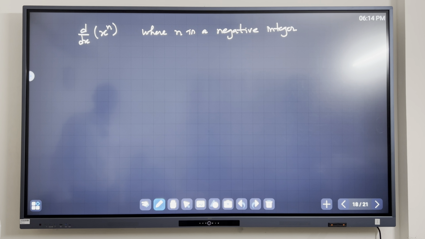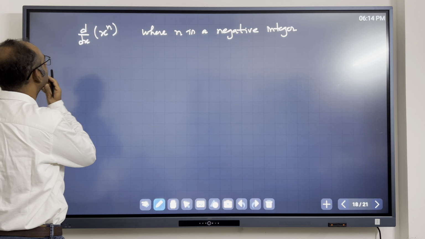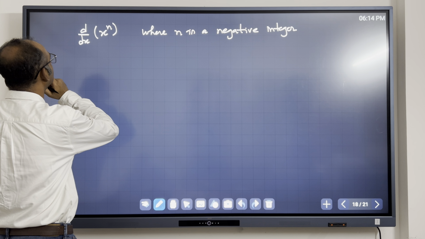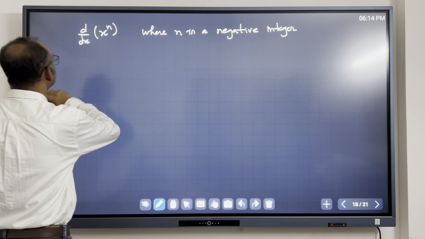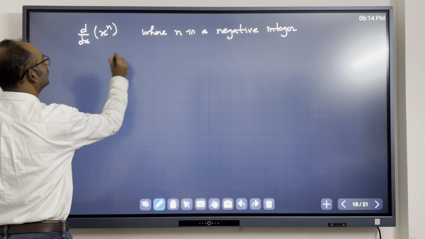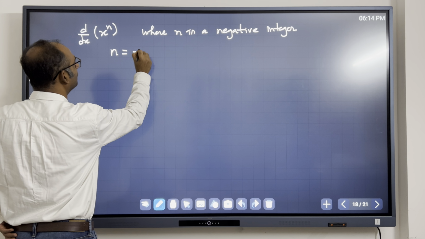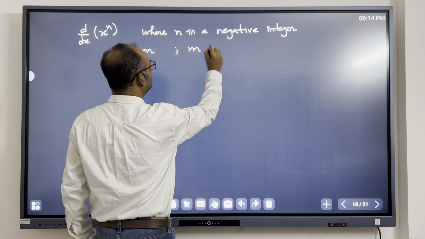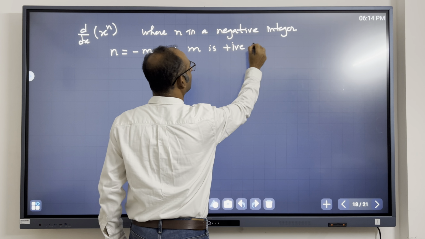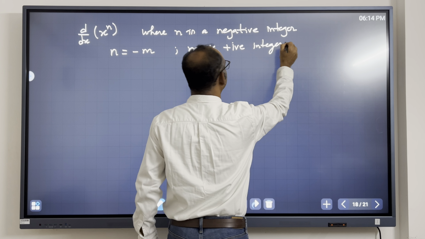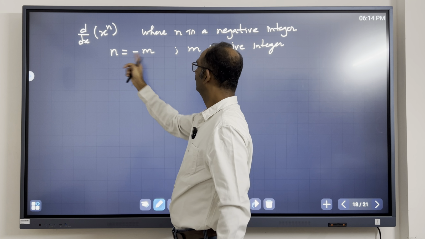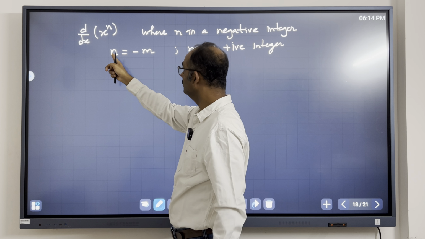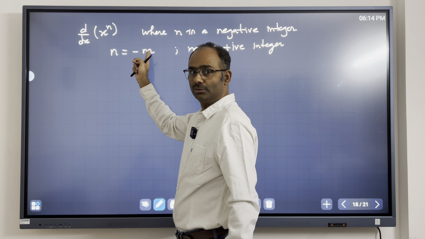What I'll do is write n as minus m, where m is a positive integer. If n is negative, then I can always write it as minus m. Let's say n is minus 2, then m will be 2.